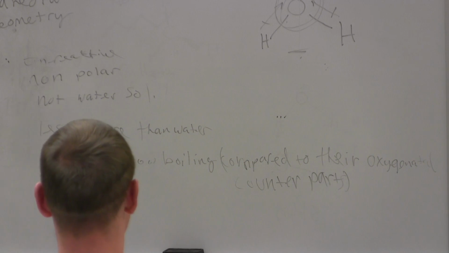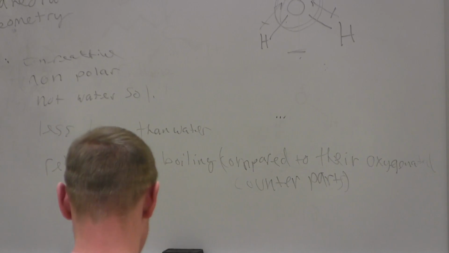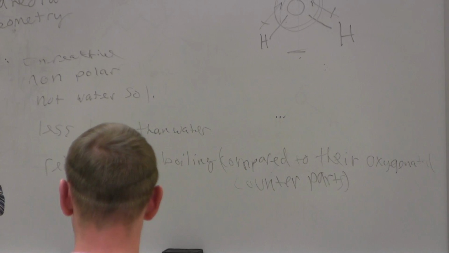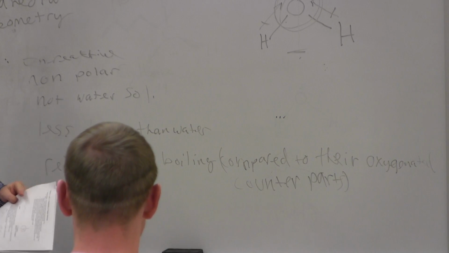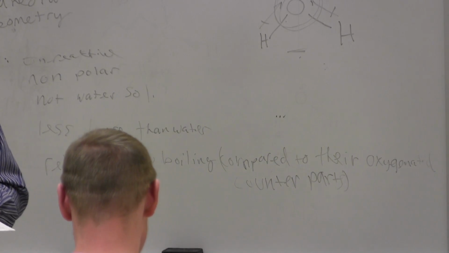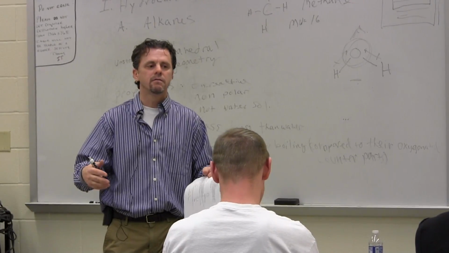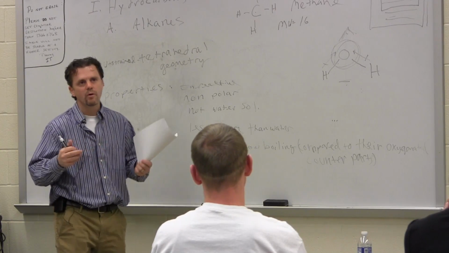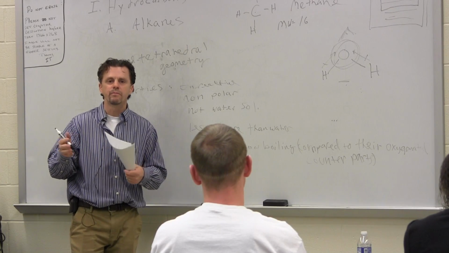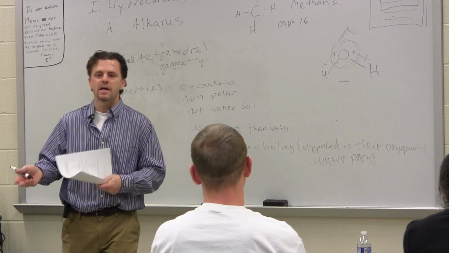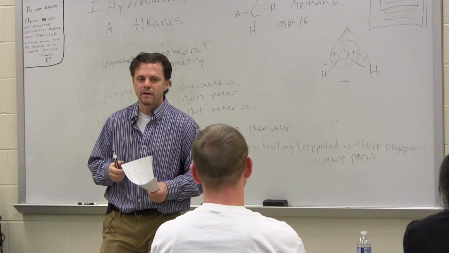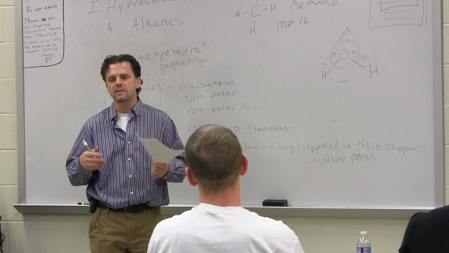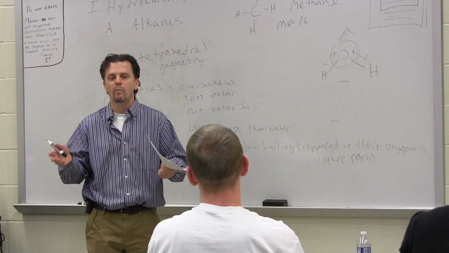Some of the general properties when you're talking about alkanes. Alkanes are considered saturated hydrocarbons, okay? Which simply means they don't have any double bonds. If hydrocarbons are unsaturated, that means they have double bonds. Most people are familiar with that term, even if they haven't had any chemistry, from saturated versus unsaturated fat. That's a big topic today, the unsaturated fats and things like that. When they talk about these things, they just mean fats that have double bonds if they're unsaturated.